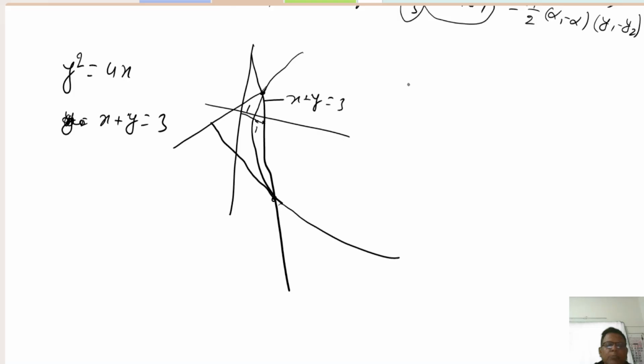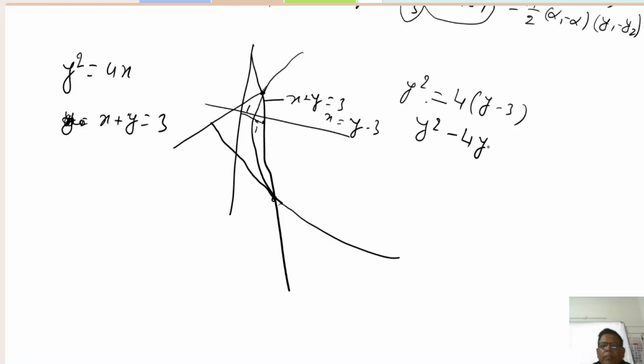So I'll find it, just put the value. y square is equal to 4x, and x is equal to 3 minus y. So here you put 4 and x is equal to 3 minus y. So y square plus 4y minus 12 is equal to 0.